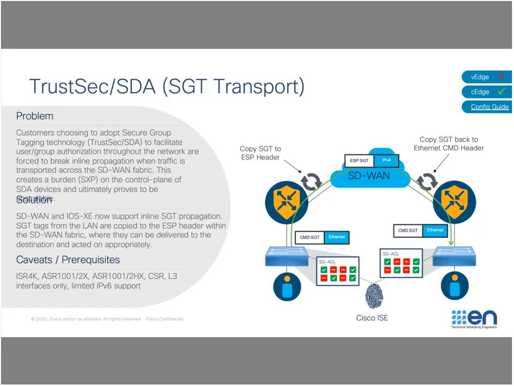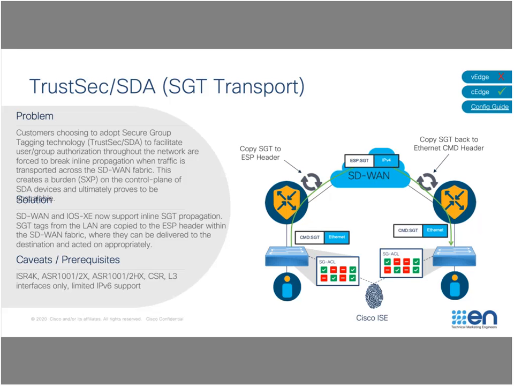Now, what this means in the context of SD-WAN is, as of up to 20.3, we've not been able to transmit those SGT tags from one side of the network to the other side of the network. In other words, if you look at the picture here, on the left side you see a user, and he's transmitting traffic to a branch on the right side of the picture.